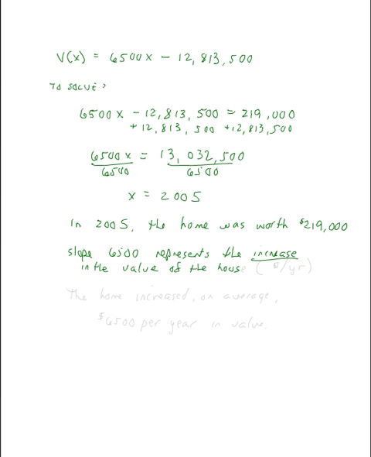And remember what units we used earlier. The numerator was measured in dollars, the denominator was measured in years. So, we can say that the home increased on average. After all, we don't know that it was exactly the same every year, but it increased on average by $6,500 per year in value.